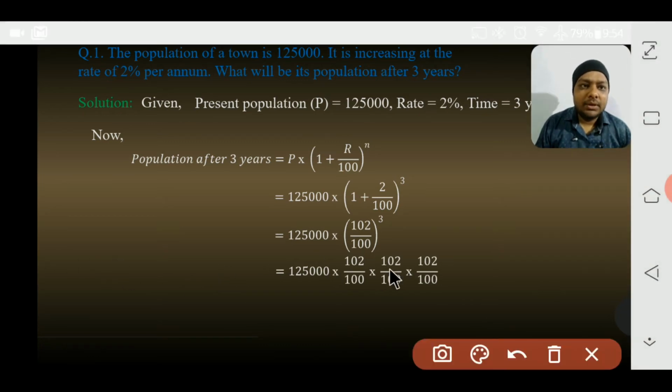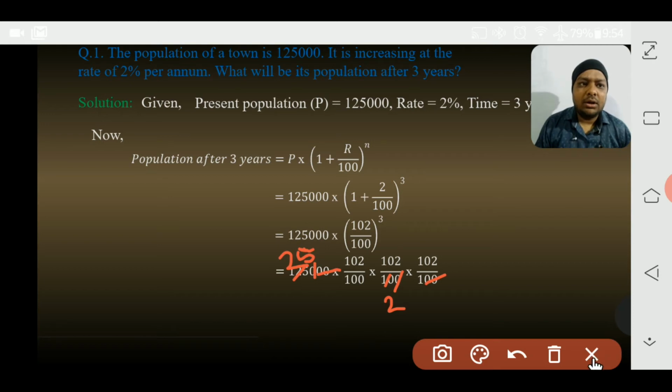Now here the 20 cancels, the 10 cancels. It is divisible by 5, so 5 times 25 is 125 and 5 times 2 is 10.